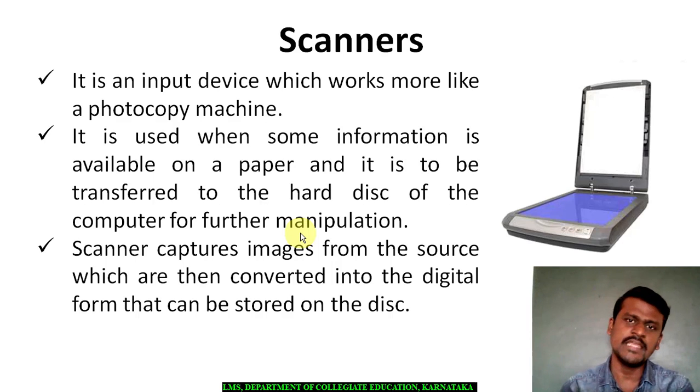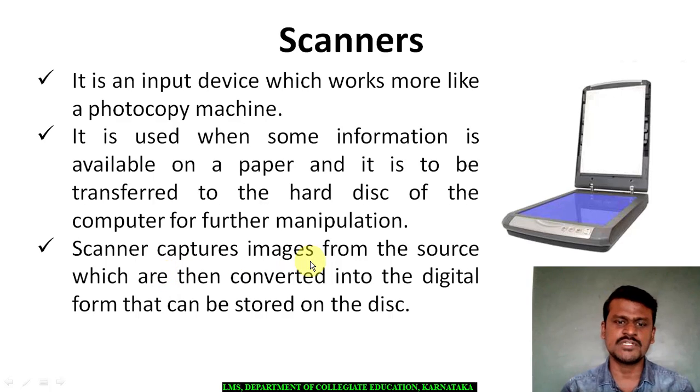If you want to make any modification, for example to make your photograph clearer, you can scan that photograph using the scanner, and then clean it or make it brighter using some other software. But for scanning we need a scanner.